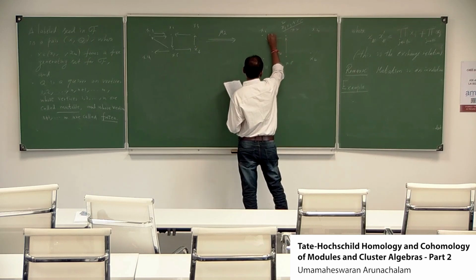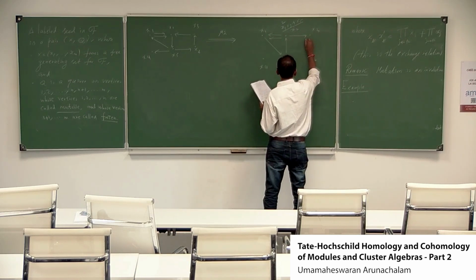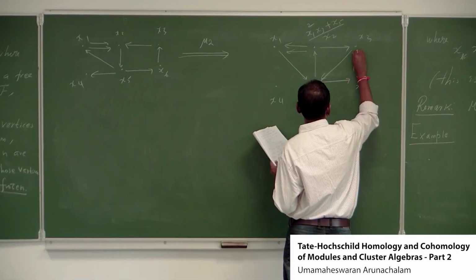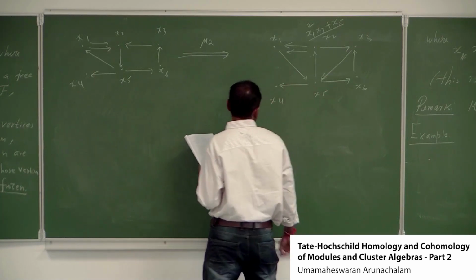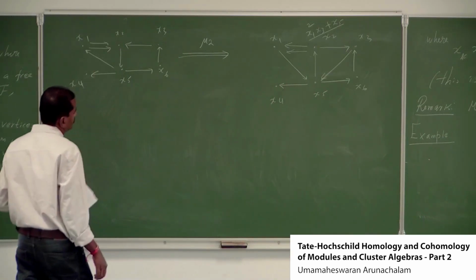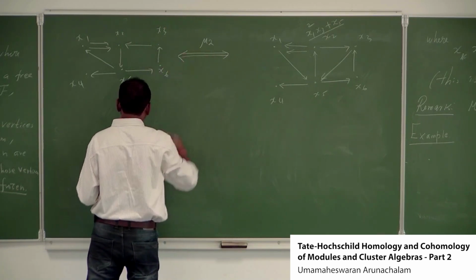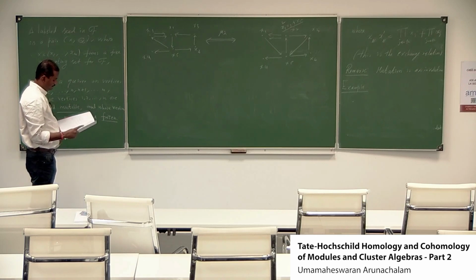This is the reverse one, here reverse, this place also reverse. So if you take mu2, you can get this diagram. This is an involution.